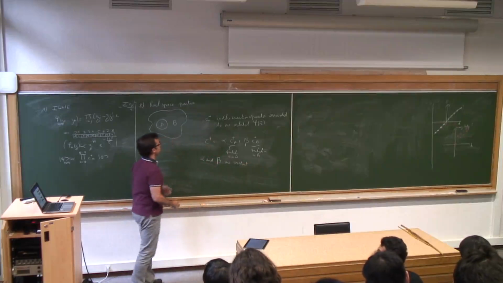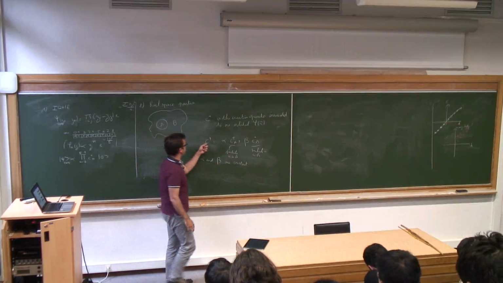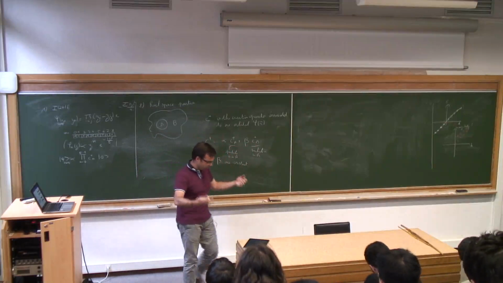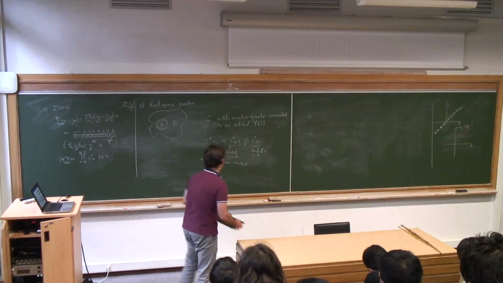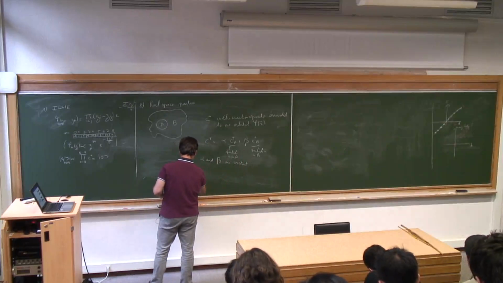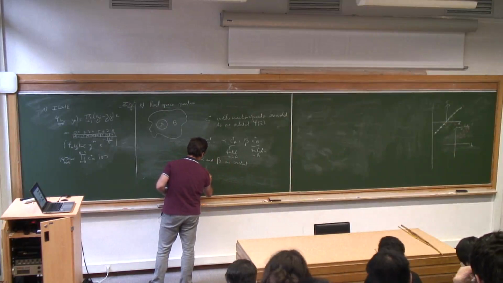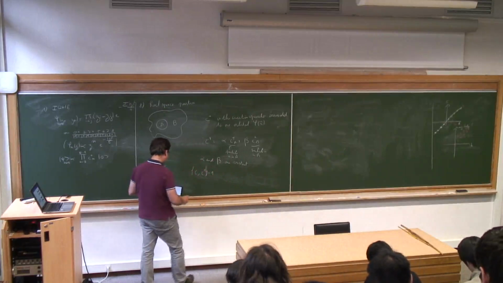And if you want these creation operators, C dagger A and C dagger B, to be creation operators for fermions, they should satisfy the usual algebra. So the anticommutator of C dagger with C has to be equal to 1.